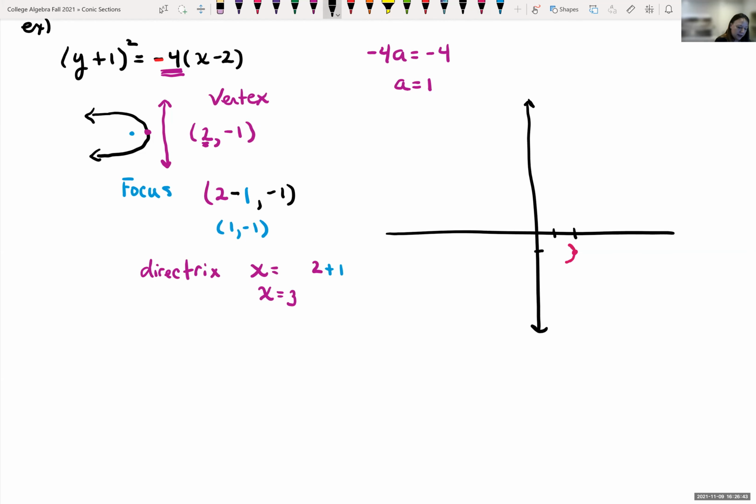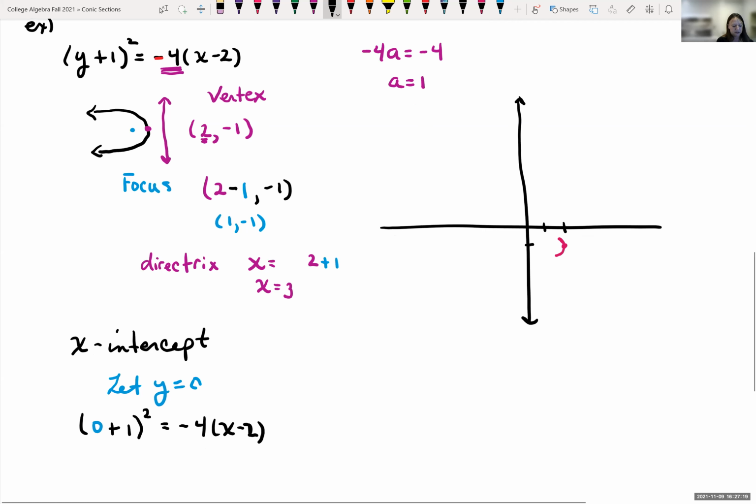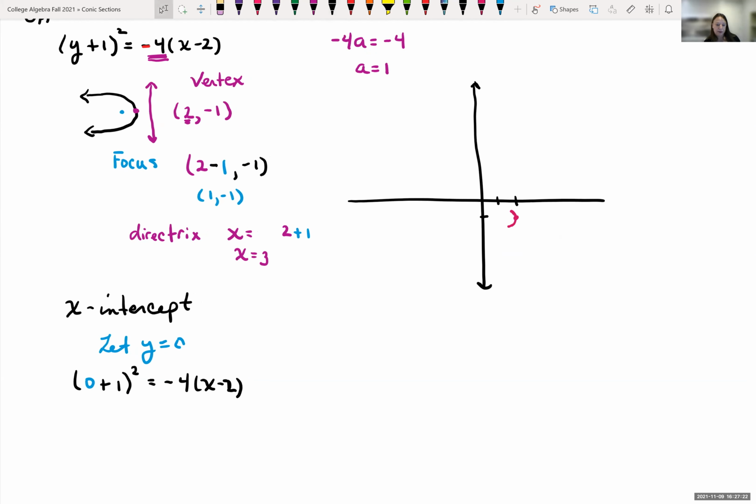If I'm looking for my x-intercept, I know that's when my y value is 0. So if we go back into my equation, (y + 1)², but we plug in 0 for y, we get (0 + 1)² is equal to -4(x - 2). Let's solve for x here. We can solve for x by multiplying through by -4.